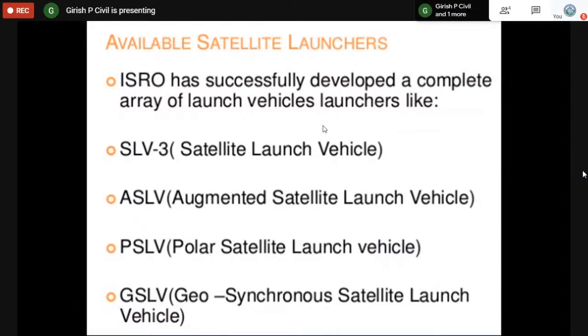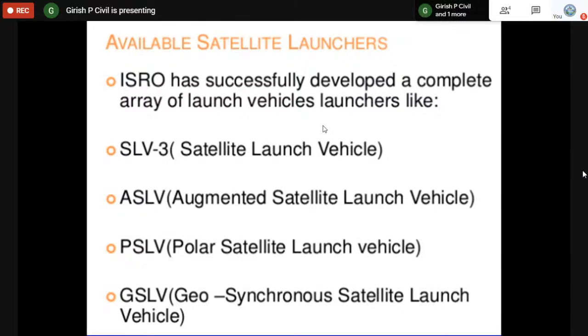PSLV is the polar satellite launch vehicle. Satellite sensors follow an arbitrary path at an altitude in the order of 600 to 900 kilometers; we call this the PSLV platform. In the case of GSLV, it is the geosynchronous satellite launch vehicle.